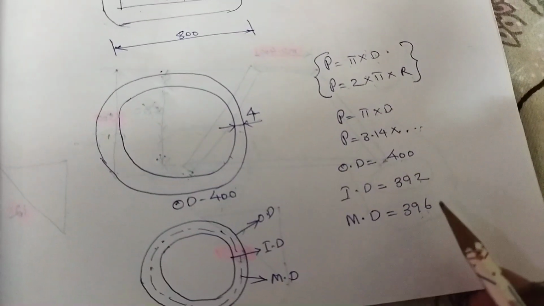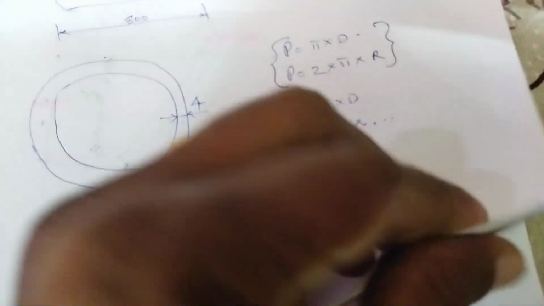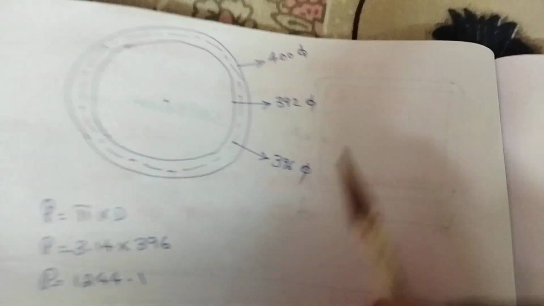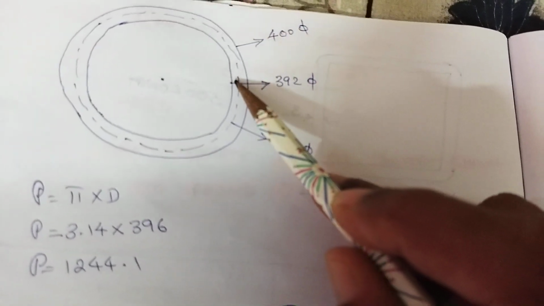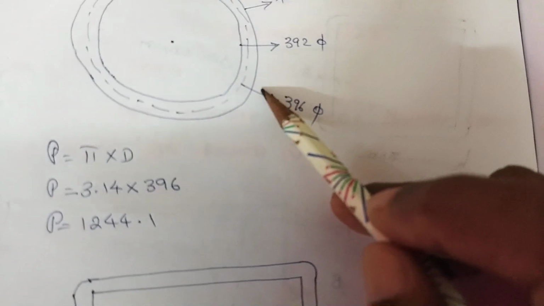This 396 applies to this dashed line. In the next diagram, I have indicated it. Outer diameter is 400, inner diameter is 392, medium diameter is 396.